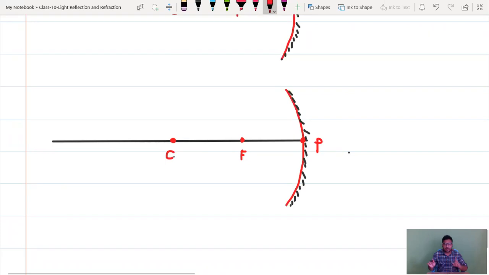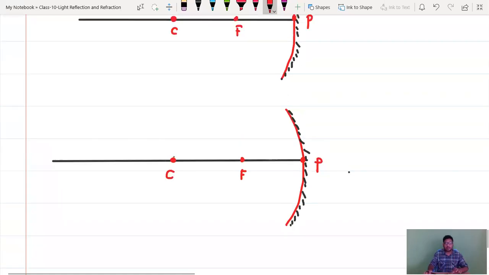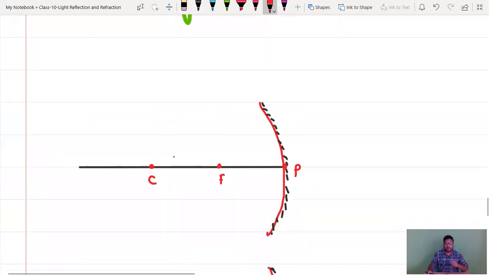So whenever your physics teacher asks you to draw a concave mirror simple diagram, you have to draw this one.